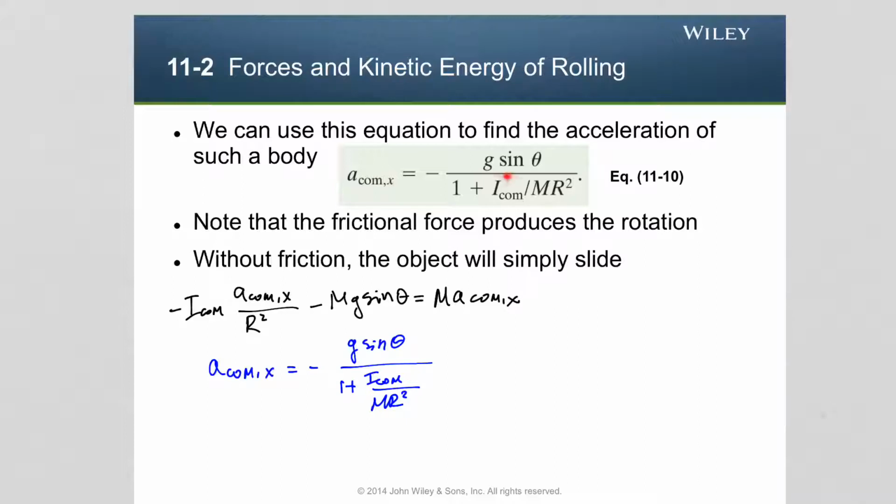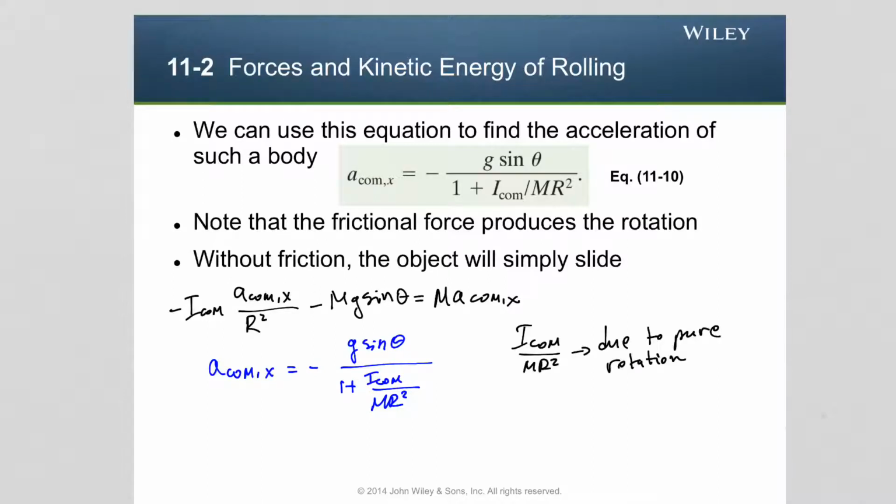I only need to replace the term for I_cm with the appropriate value for the moment of inertia of the center of mass. For symmetric objects such as spheres, spherical shells, cylinders, and rings, all of these are known from the table in the chapter on rotation.